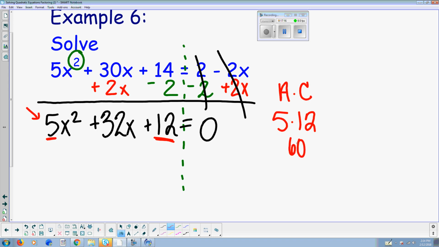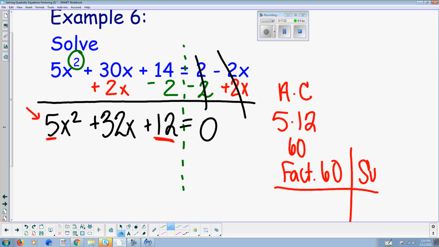So we're going to list the factors of 60 that will give me a sum of my middle term, 32. It's fairly easy to recognize 2 times 30 equals 60, but adds to be 32. Okay, so 2 and 30 are the factors. Now, when we're factoring by the AC method, I'm not going straight to binomials here.